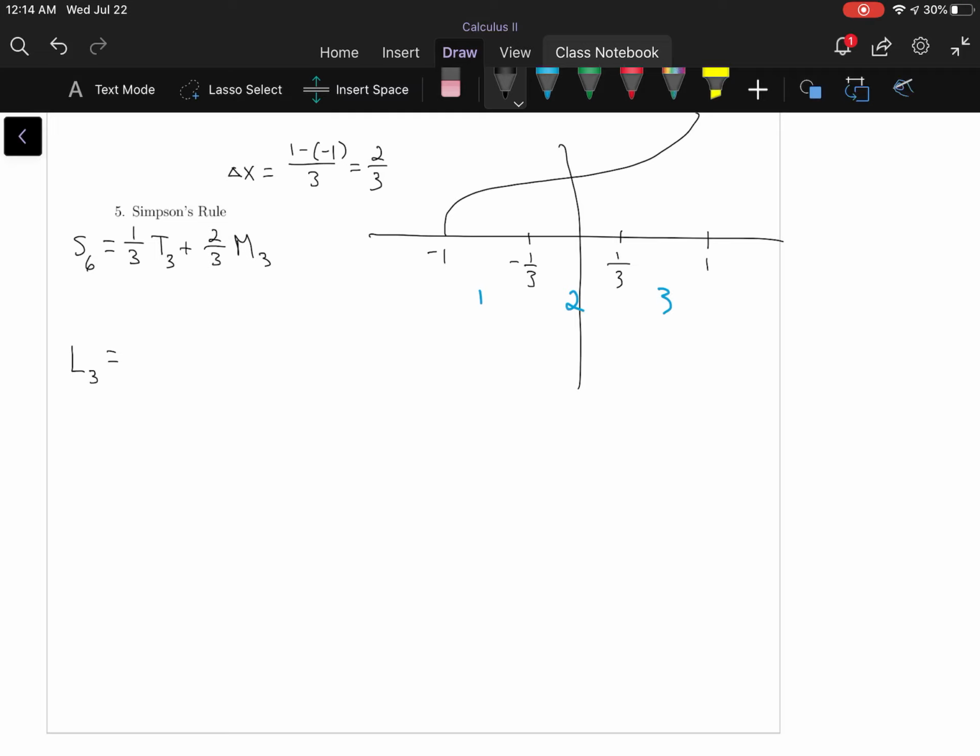So L3 is going to be 0 times 1/3 plus the area of the second bin, which is going to be f of -1/3, which was 0.9813, times a third, plus f of 1/3, which was 1.0184, times a third.